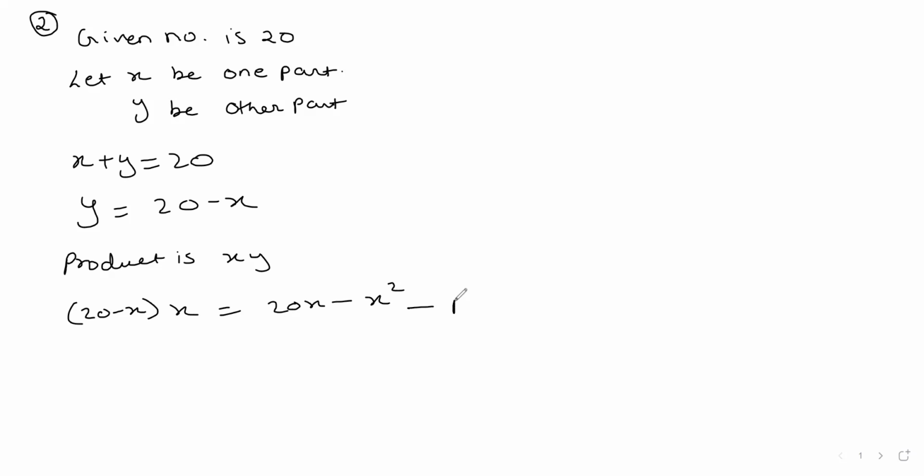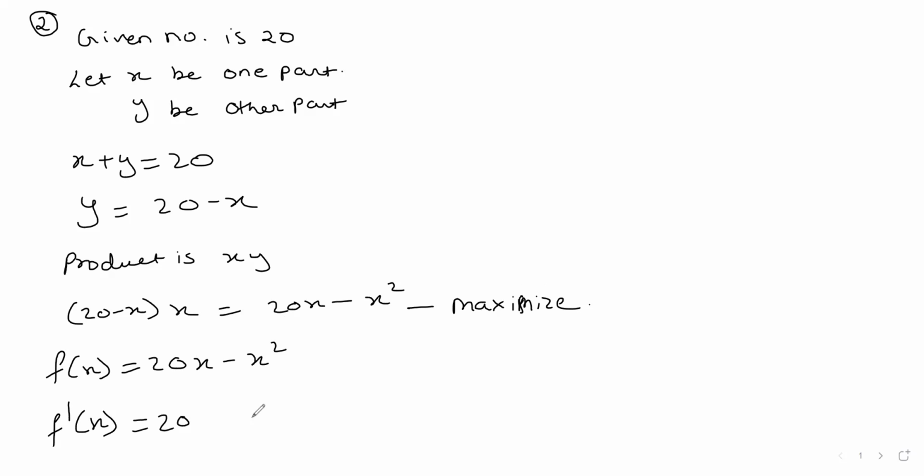And we have to maximize this. I'll say let f of x be 20x minus x square. This is what I need to maximize. How to maximize? I'll find f dash of x. That is 20 minus 2x. Then f double dash of x, so minus 2.